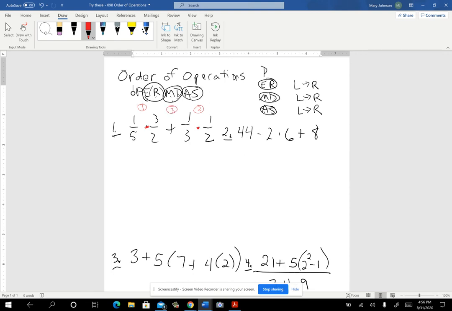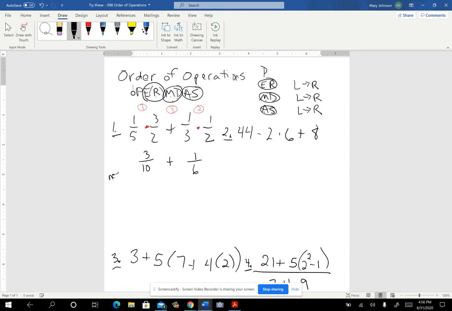And if you were going to multiply fractions by hand, when you multiply fractions, you just multiply straight across. So this would become 3 over 10. This would become 1 over 6. And then I'd have to add those. Now here's the place where I would really just type this into my calculator. Adding fractions is the one where you need common denominators.